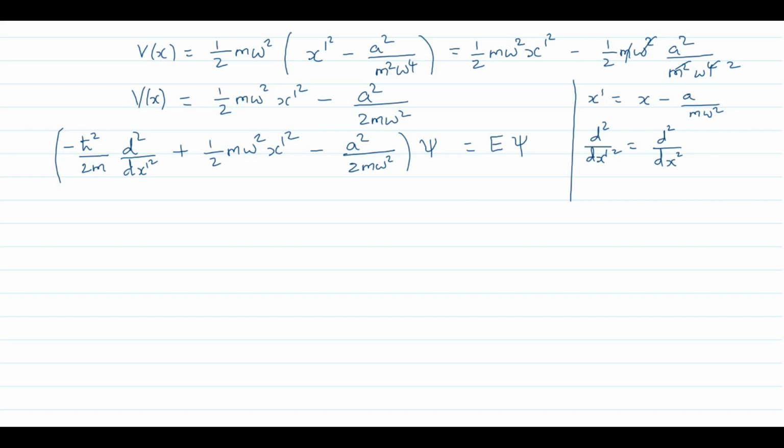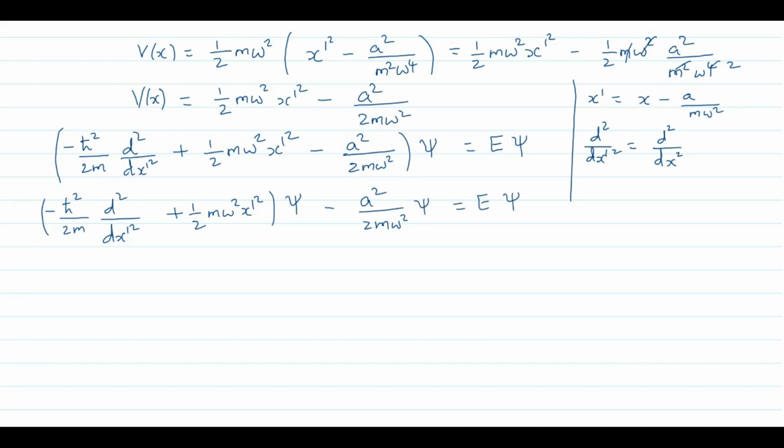I can multiply psi here: minus h bar square by 2m d square by dx prime square plus half m omega square x prime square into psi minus a square by 2m omega square psi, that is equal to E psi.